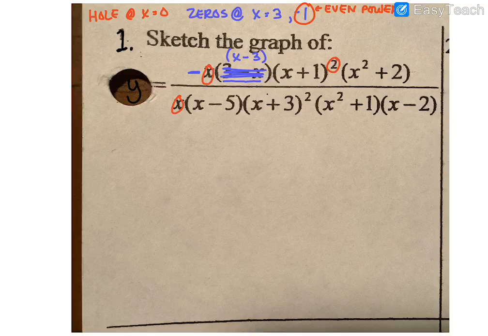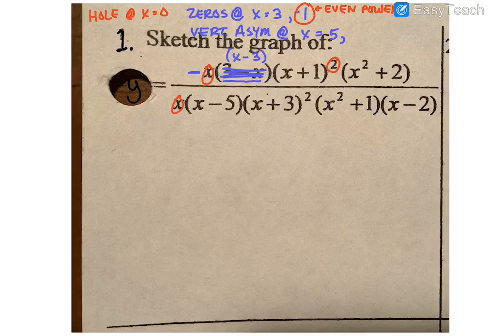Next thing I want to find are my vertical asymptotes. If you recall, vertical asymptotes, denominator equal to 0. So we're going to have vertical asymptotes at x equals, well, we've already taken care of the hole at x equals 0. Set x minus 5 equals 0, we have x equals 5.